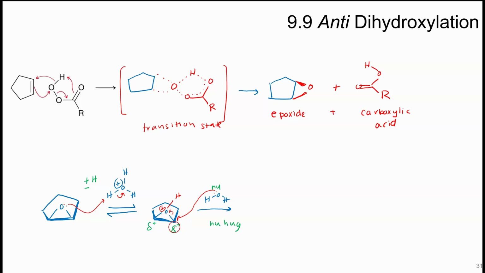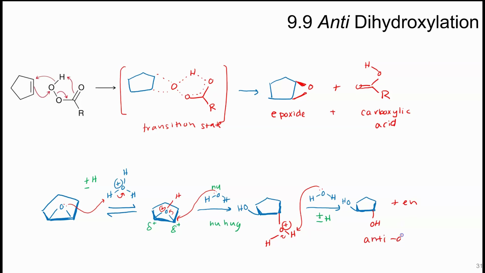And that will come from the bottom side as well because of sterics. And then we have the OH here. Another proton transfer. So this is an anti-diol plus the enantiomer.